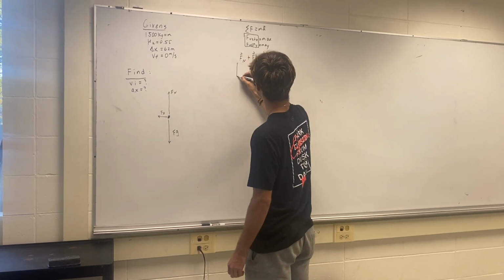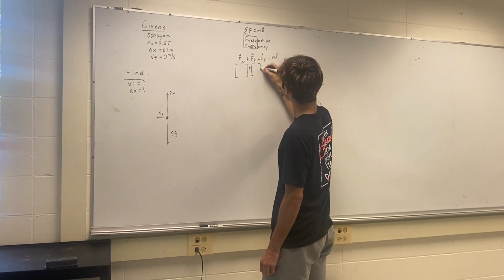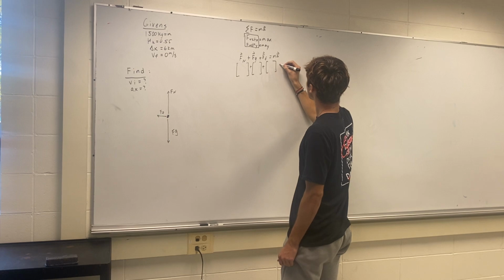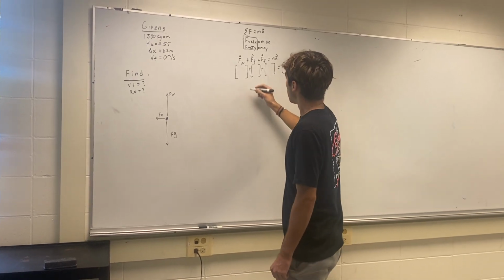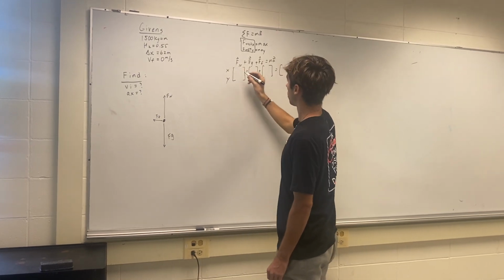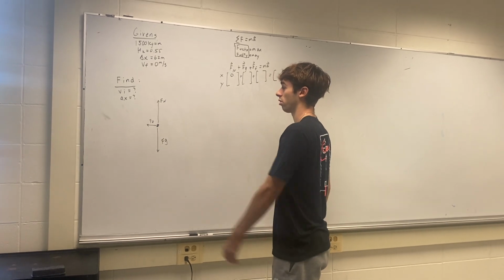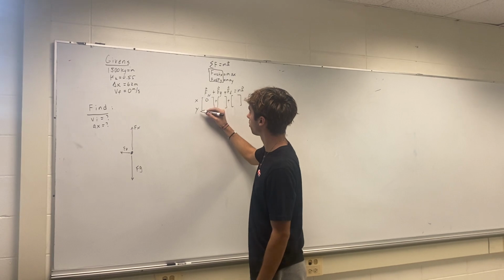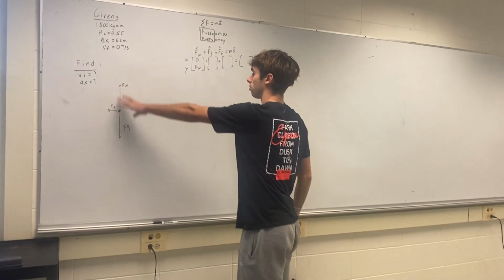So after that, we can do our column addition. Okay, so in the x direction, force normal is 0 because it's in the y direction. So then we can just single that out to the y.